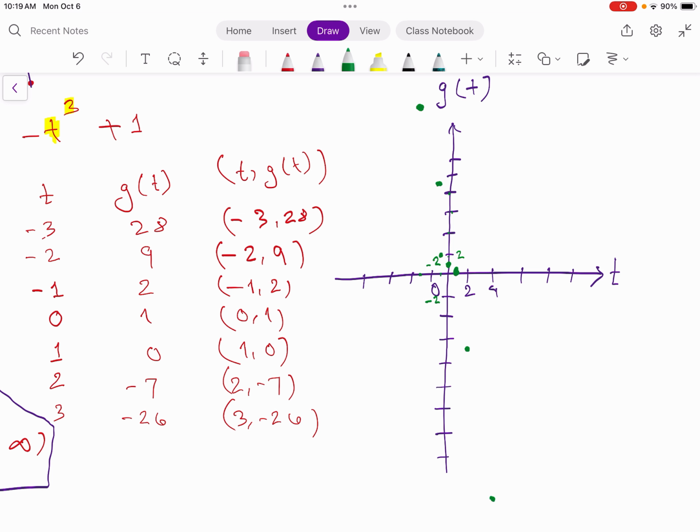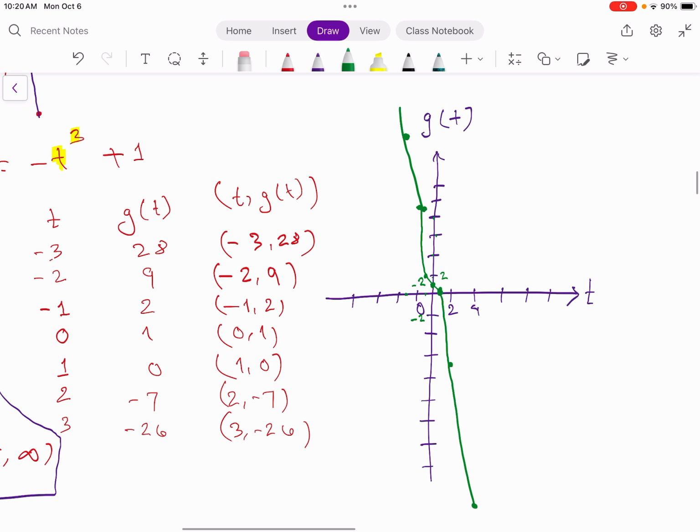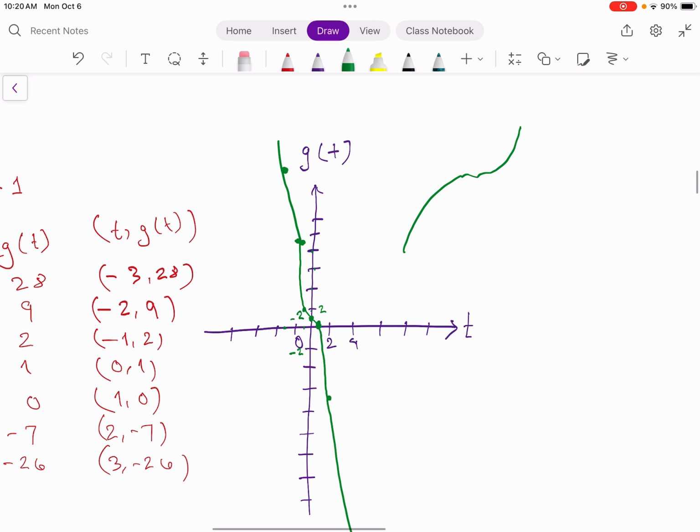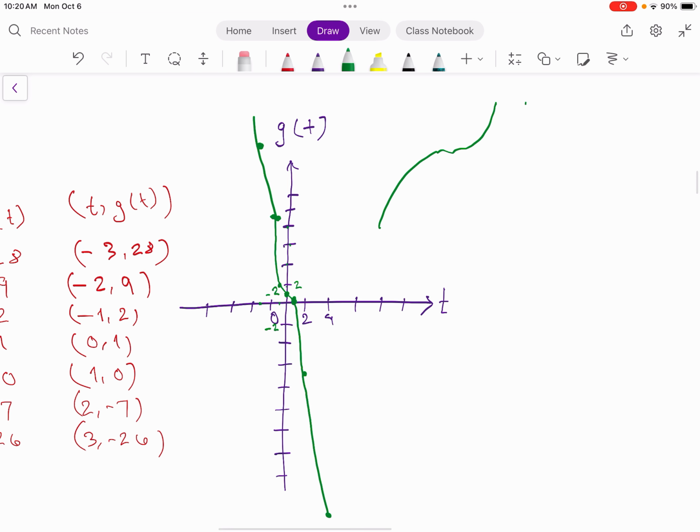Let's say. Now we connect all these dots and we get a graph here. So this is a graph for our cubic function. And if you have a cubic function, you always get a graph that looks like this, or you always get a graph that looks like this.